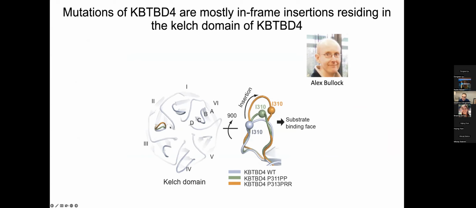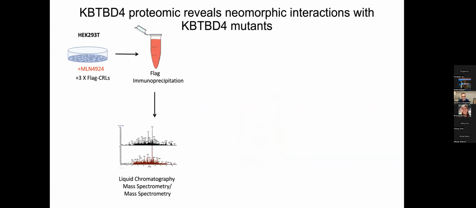And he was thinking maybe they are neomorphic, so they allow the accommodation or the recruitment of a different substrate within the Kelch domain. And I have to say, I was quite skeptical about this, but we did our work to identify substrates. We have done this for a number of proteins, and it worked quite well.